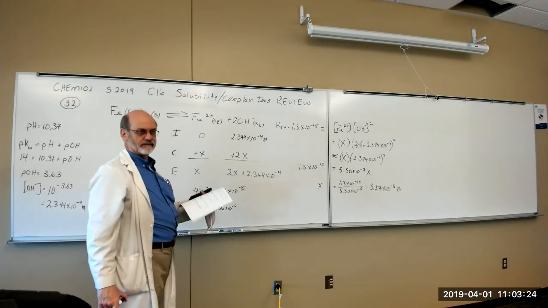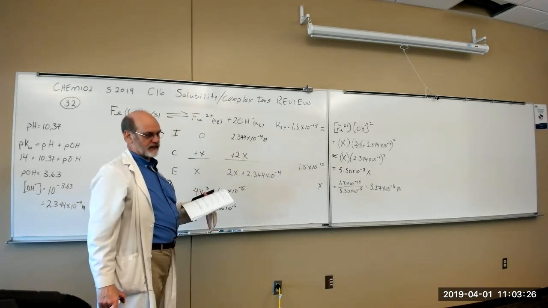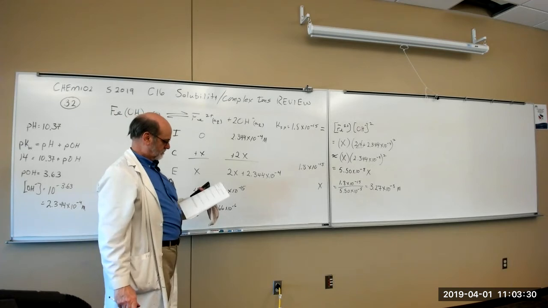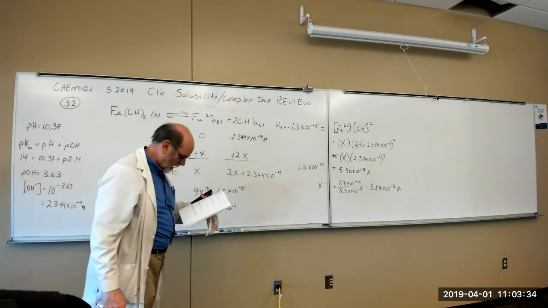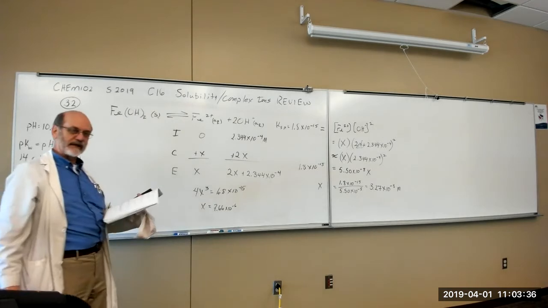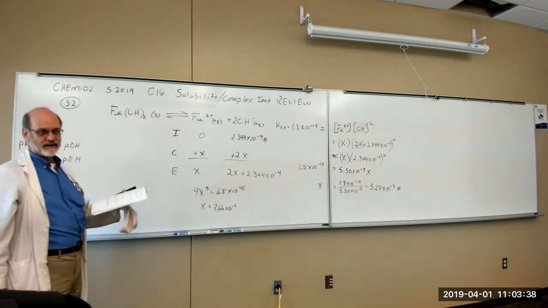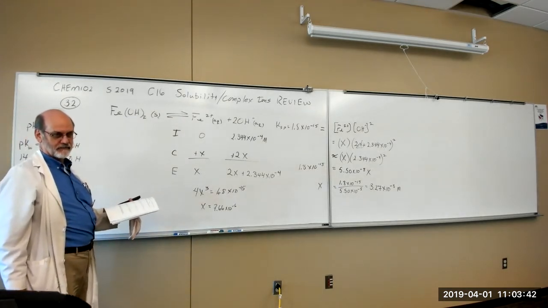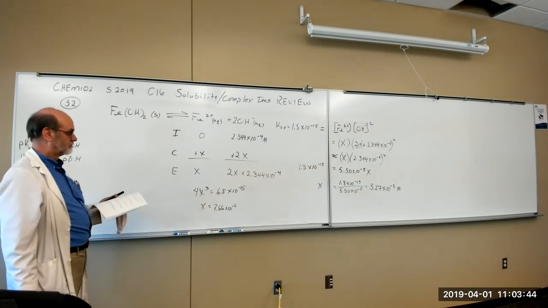Per liter, right? That's molarity. Right, well, it just says moles, and I think of moles as a different number. It's just confusing to me. Until you dissolve it in 1 liter, then it becomes molarity. Right, since we're talking about solubility, we have to, okay.